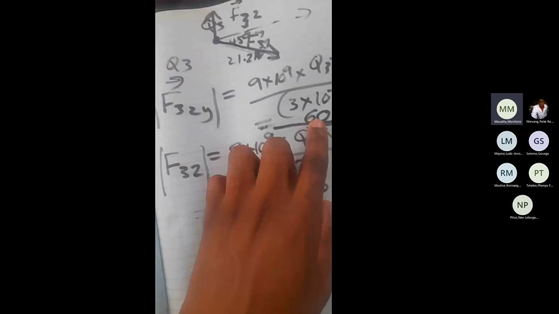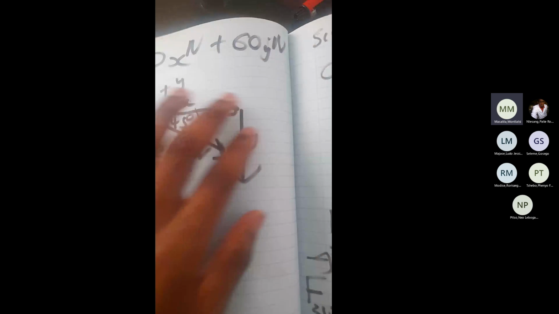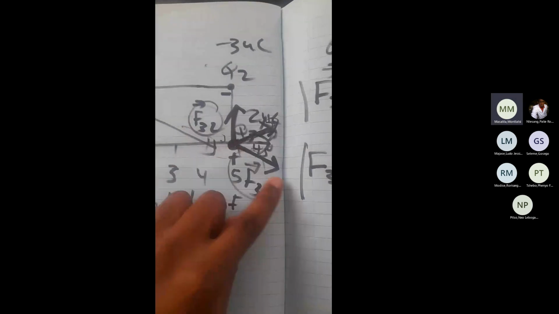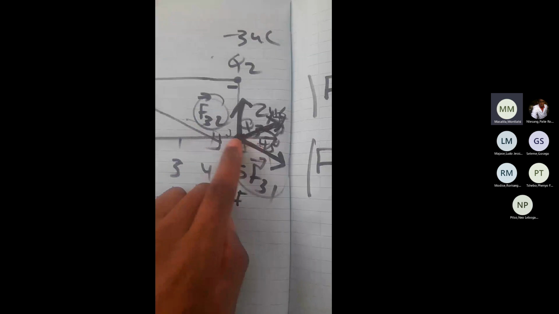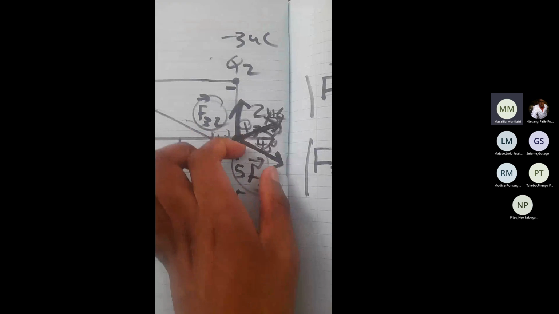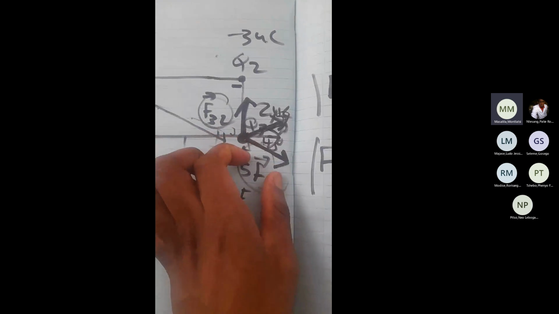The x component is 0. One of the forces is acting at an angle, so first we find the magnitude.